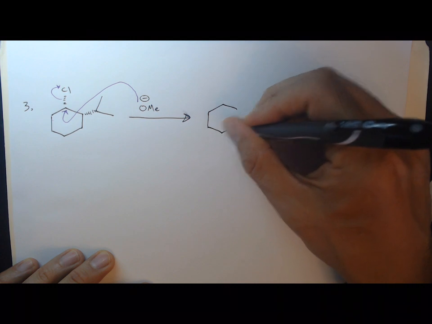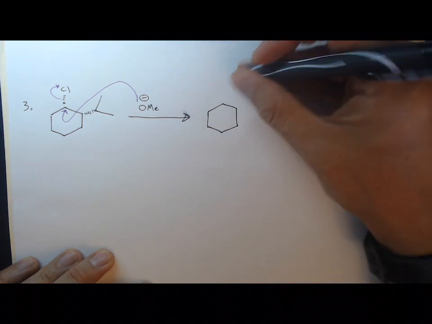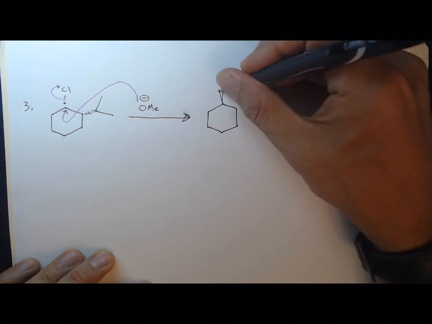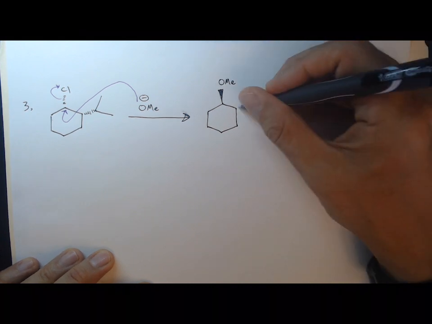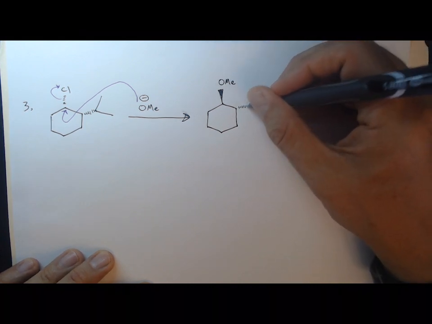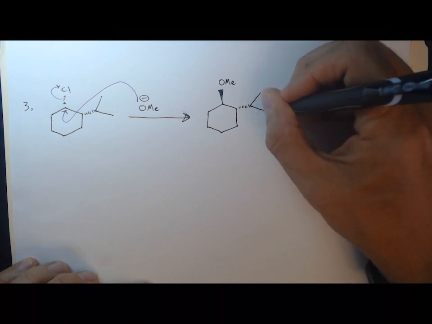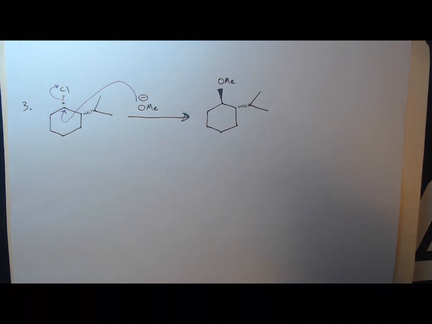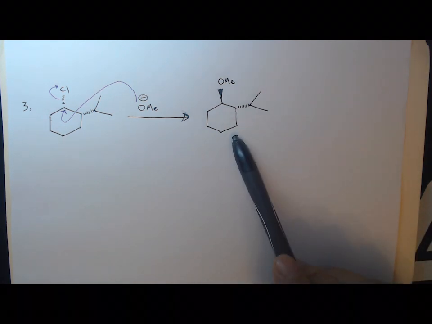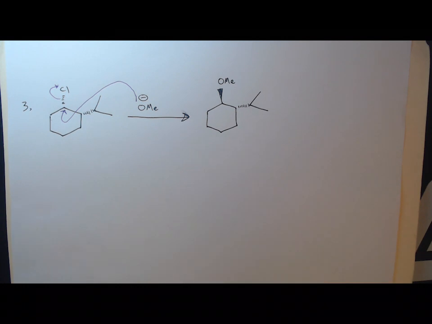I did not specify chairs or boat drawings for this particular problem, so I'm not going to be looking for that if you did it anyway. I do want to mention though that if you were to draw the chair conformation for this, you should be able to get a drawing where both of these are equatorial. So that should be a non-issue.